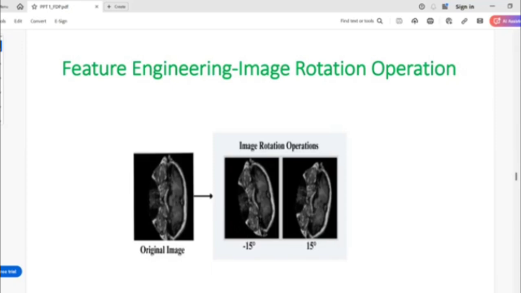Plus 15 degrees, this is the third image. Like that, for a single image, I'm generating two more images. Any angle you can convert. If I go for 100 different angles using this single image, I have 100 different images. Like this, my 3000 into 100 will become 3 lakh images, which will be helpful for me in analysis.